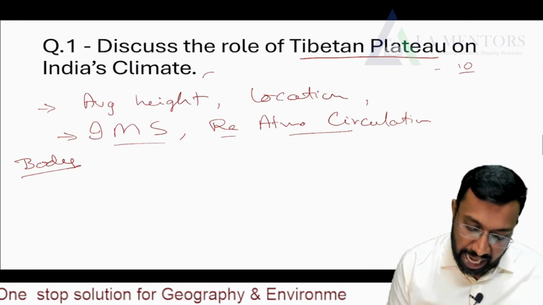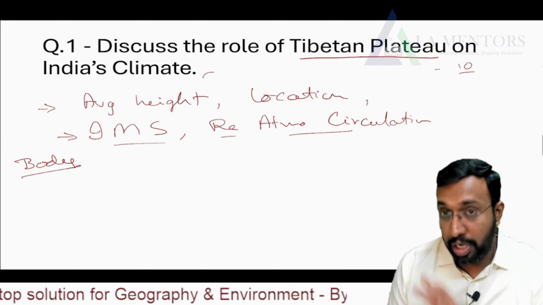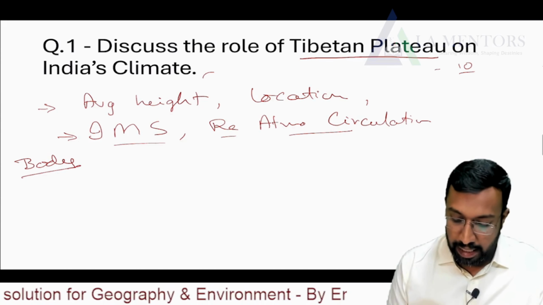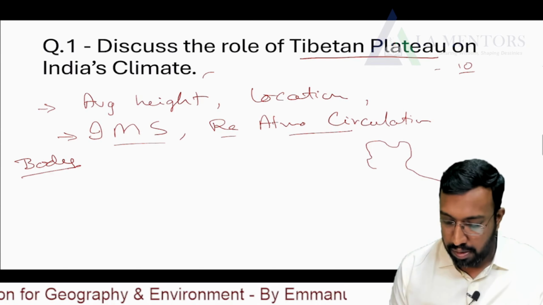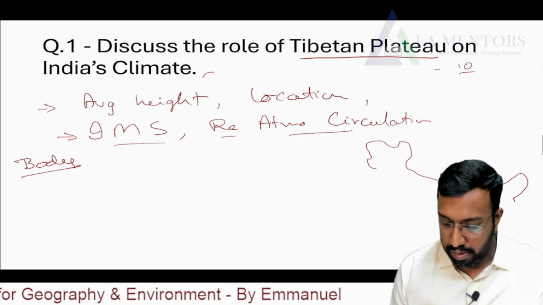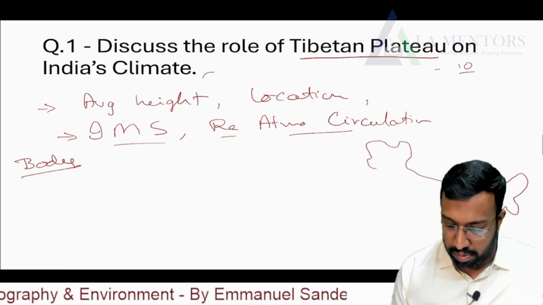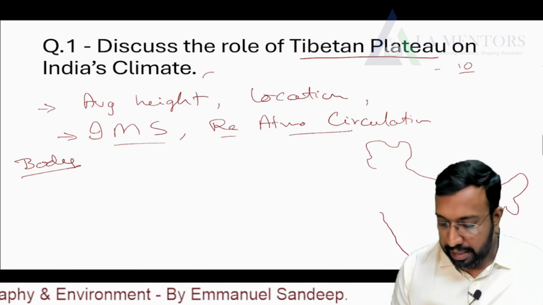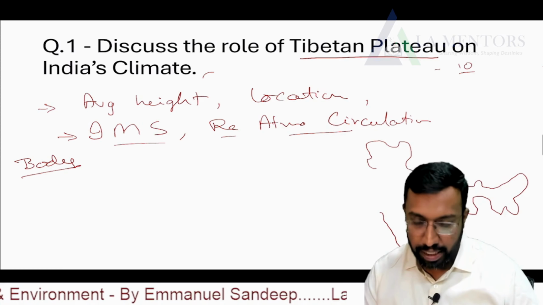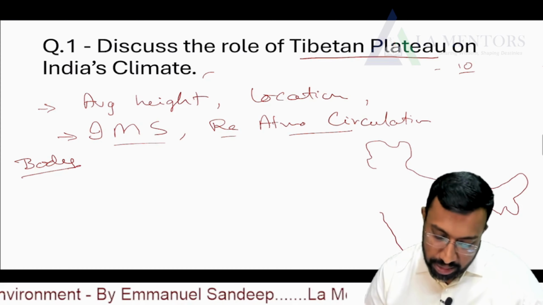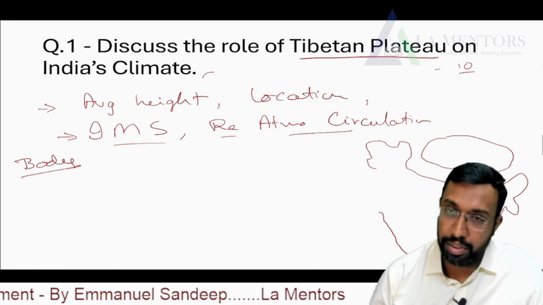So diagrammatically, if I want to explain it in a different form, as an explanation, not as an answer, see, let's say now this is a part of your Indian landmass, and towards the north of your Himalayas, this region is your Tibetan Plateau region.